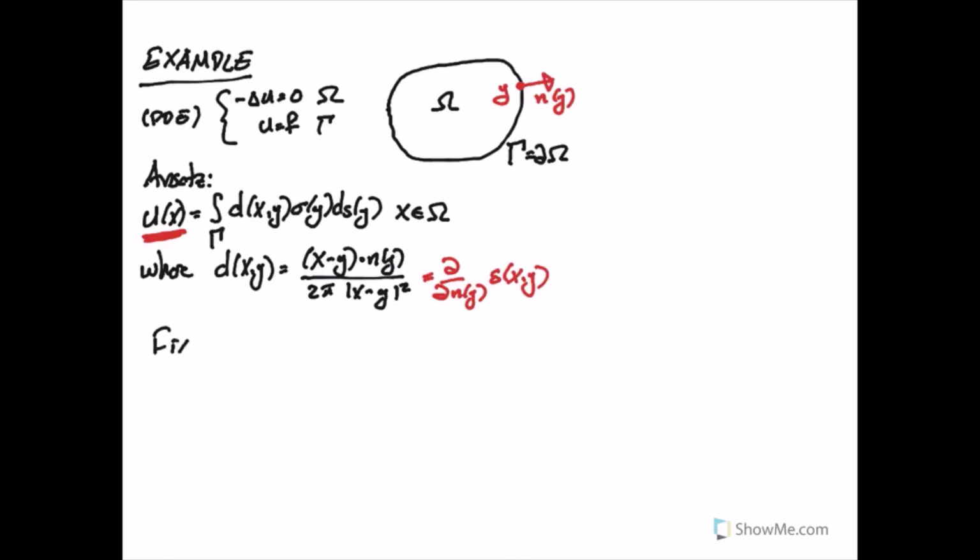If you fix a y on the boundary, and consider the function d of xy, sigma y, and then some little boundary element, what is this? Well, this turns out to be the field generated by a dipole of strength sigma of y located at y. So this is a dipole field.